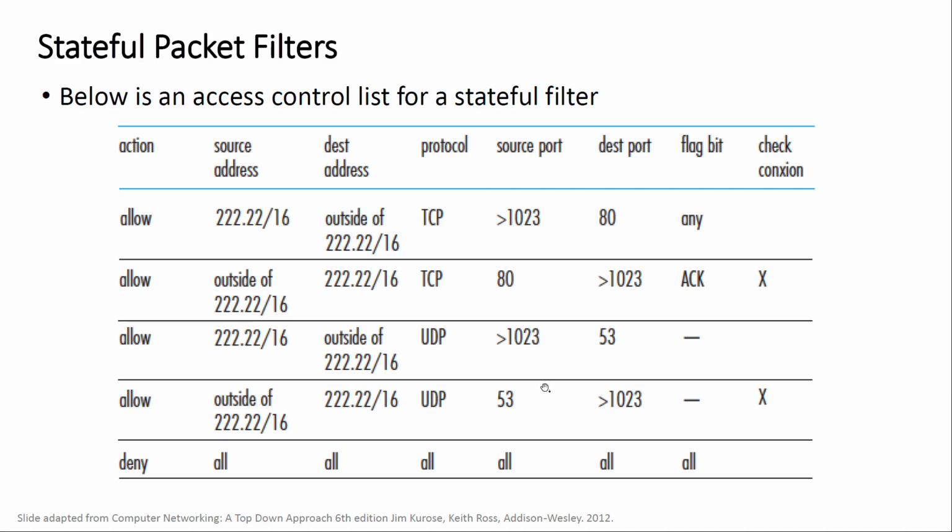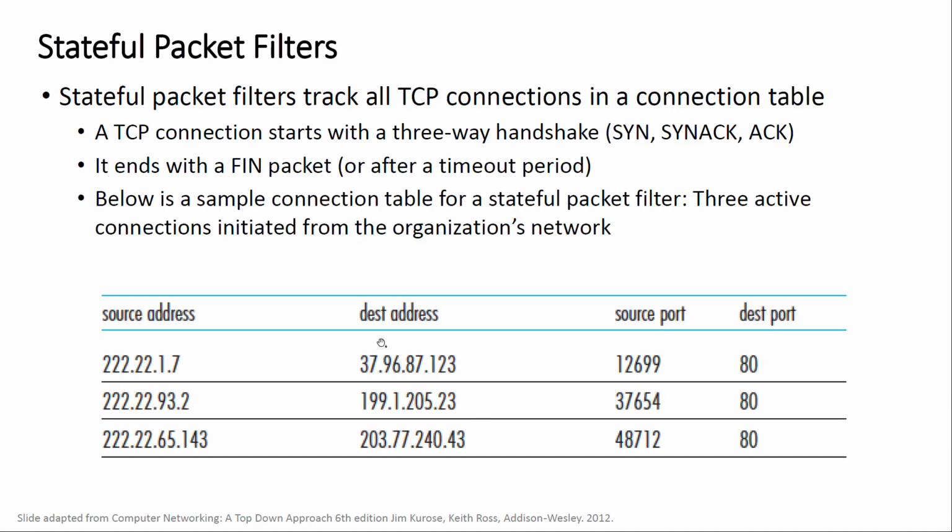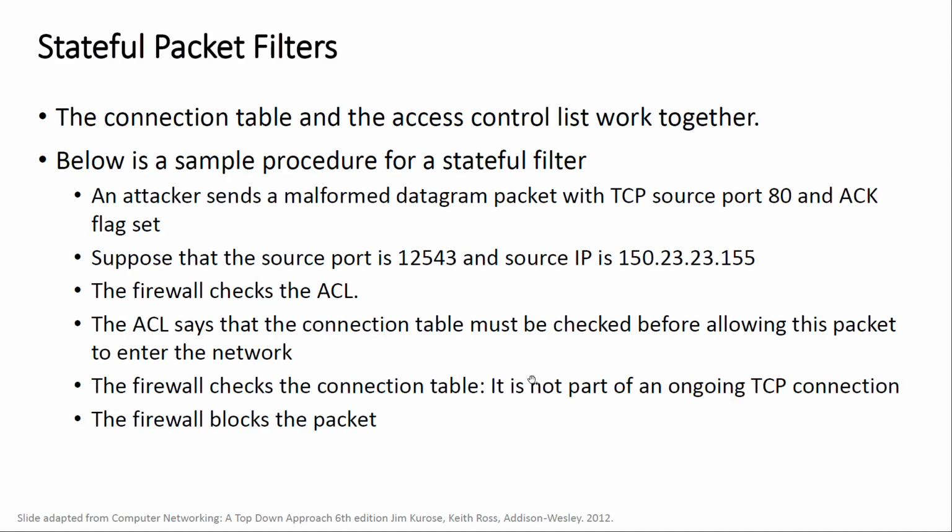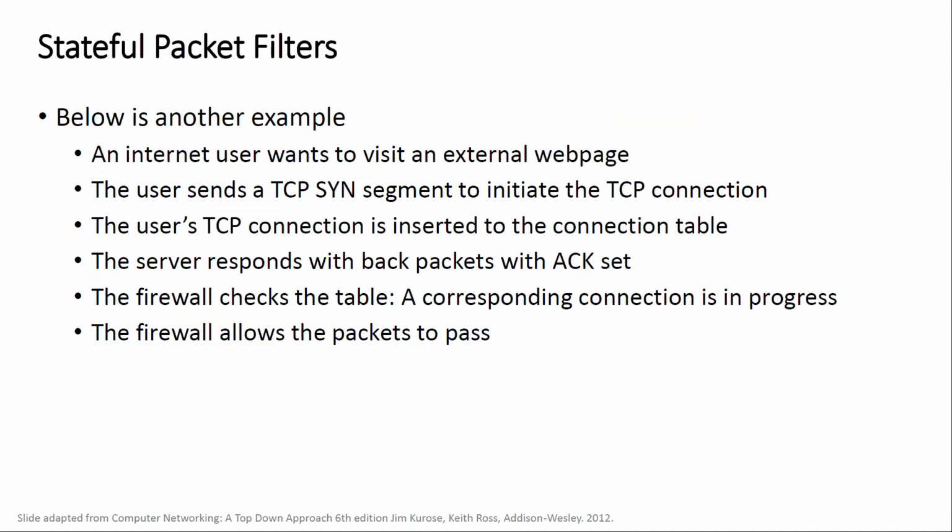But since you have stateful packet filters, you have to go back to the open connections here, and you will realize that this malformed packet is not coming from a connection that is already established. So this way your firewall will block it. This is why stateful packet filters are somewhat better than the traditional ones.